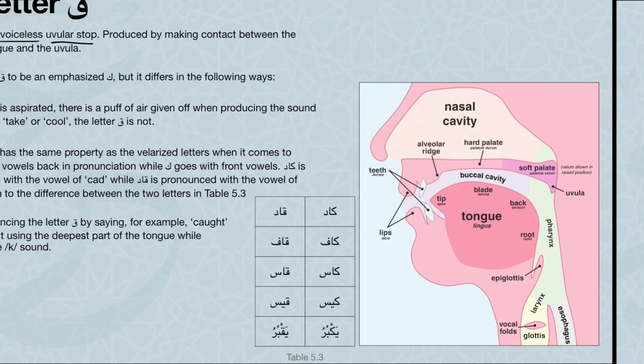So the main concept of producing the sound is that the back of your tongue has to touch the uvula to produce that q, q, q sound. It's basically more like a gargling noise. When you gargle water, you're moving the back of your tongue to your uvula to prevent water from falling down your throat while you're blowing air outside.